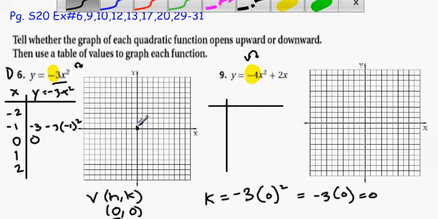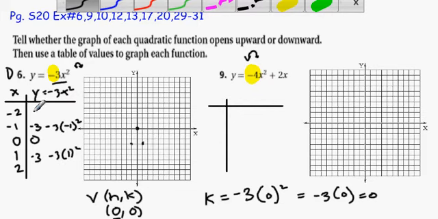Let's find that on our graph. So negative 1, negative 3 is right there. Now, do the same thing for 1. If I take negative 3 and multiply that by 1 squared, I still get negative 3. So now I'm going to go to 1 and go to negative 3.